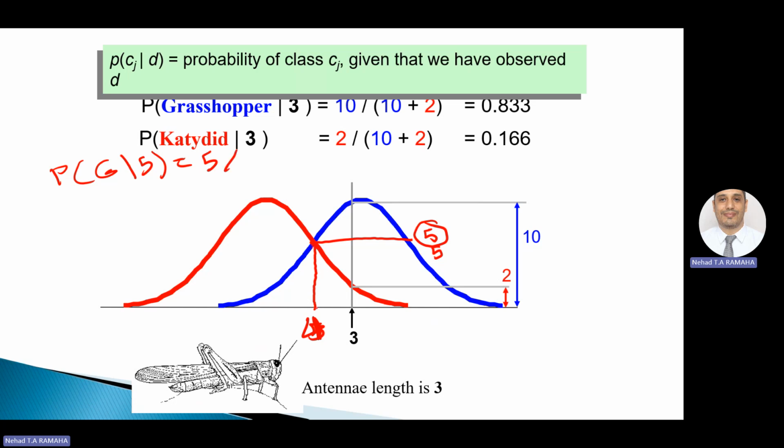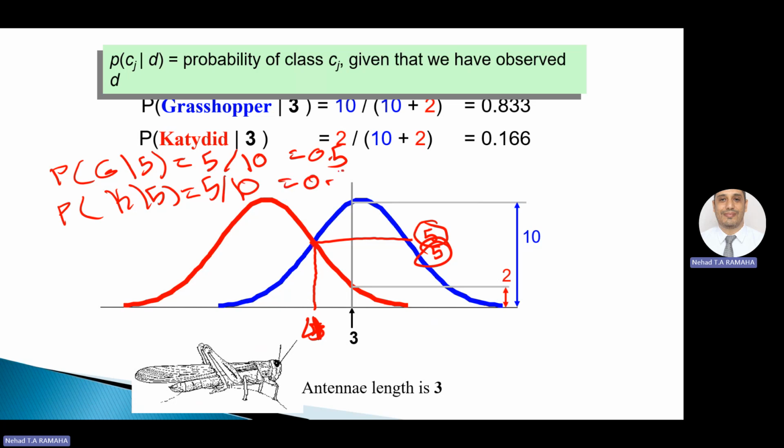What's the total number here at 4? It's 10. So it's equal to 0.5. Probability of katydid given length 4 for the antenna, it's also the number of katydid, which is 5, divided by the total number, which is 10.